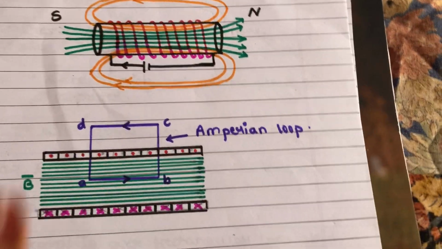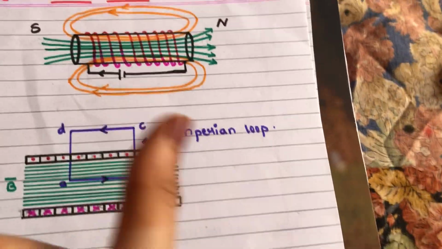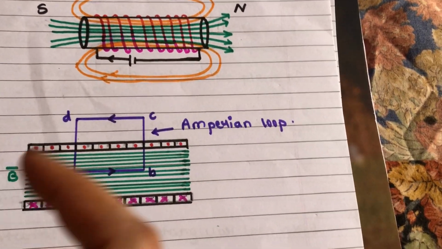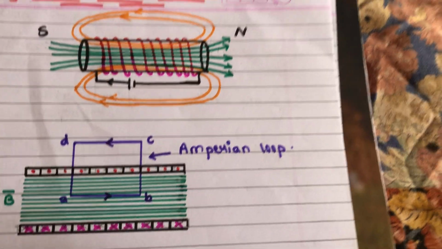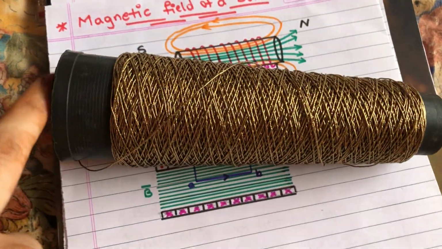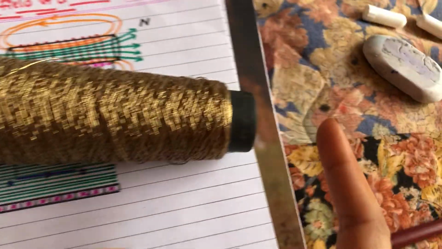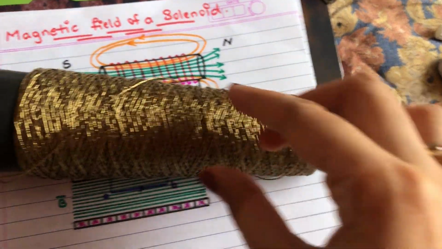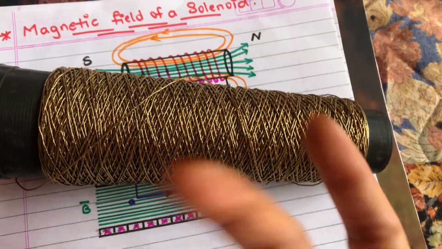So that is what a solenoid is, and the condition is that the diameter of the coil should be much smaller than the length of the coil. Here the conductor is not uniform; the diameter is larger here and smaller here, but it should be uniform.